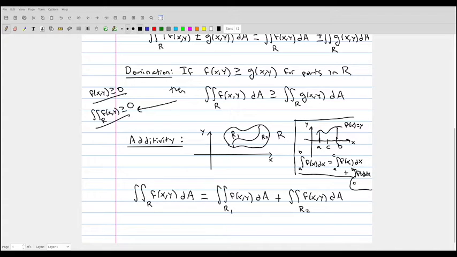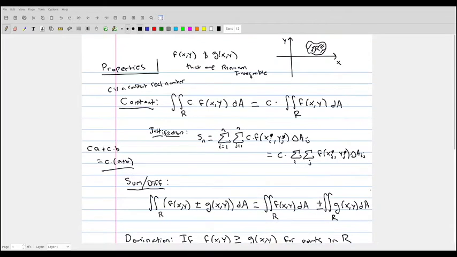I would call these the most basic properties because they're used most frequently in simplifying calculation procedures for the double integral.